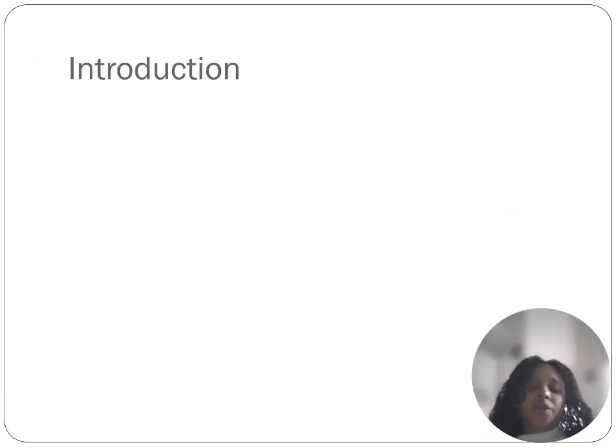All right, so we're going to do an introduction to this unit. But before I do that, let us review retrosynthetic analysis that we did in class, and then we're going to go into our next chapter.